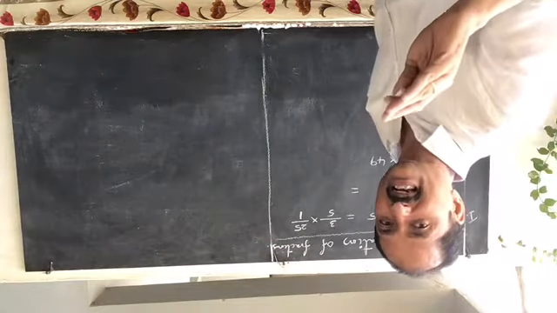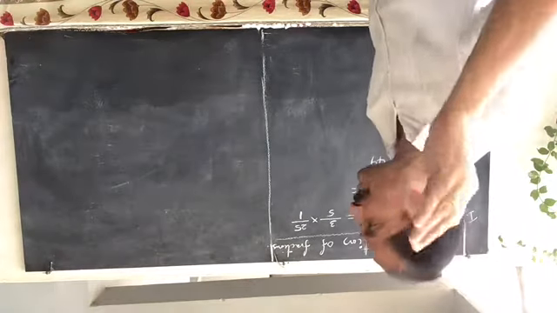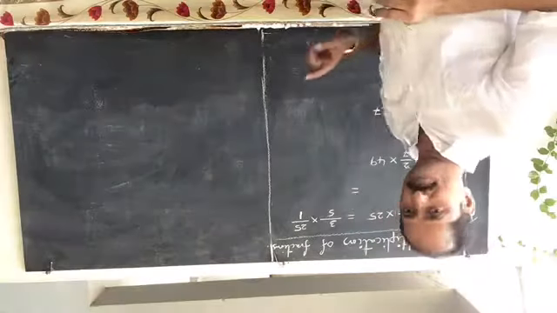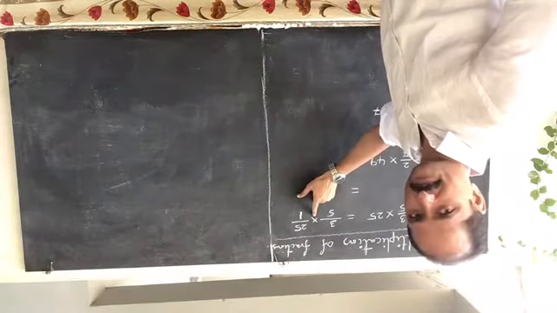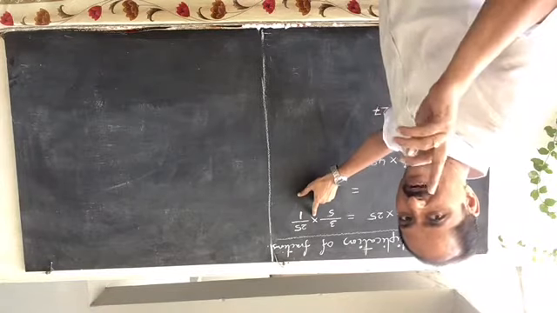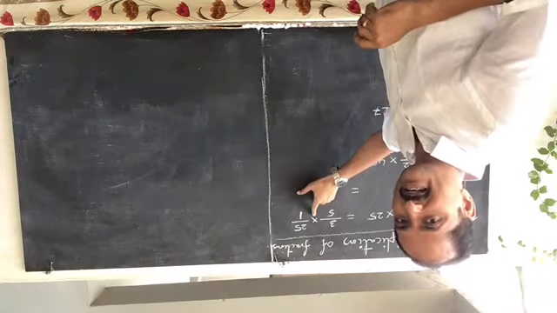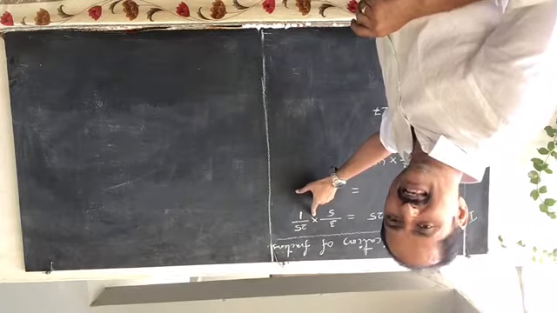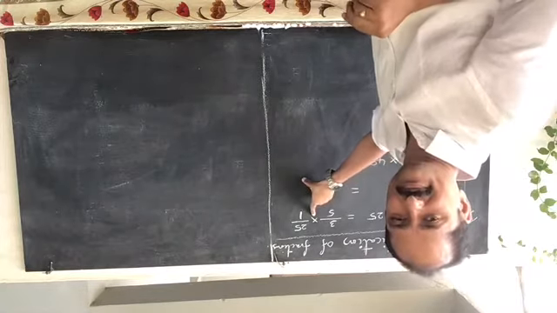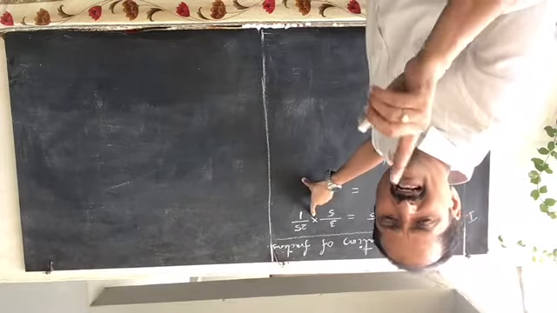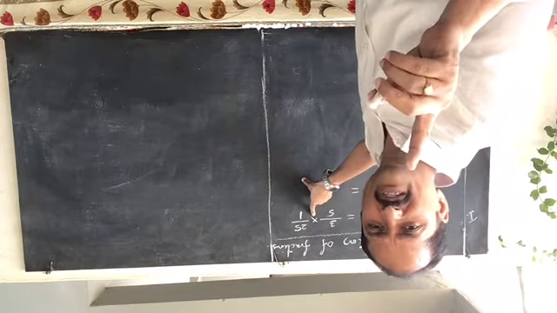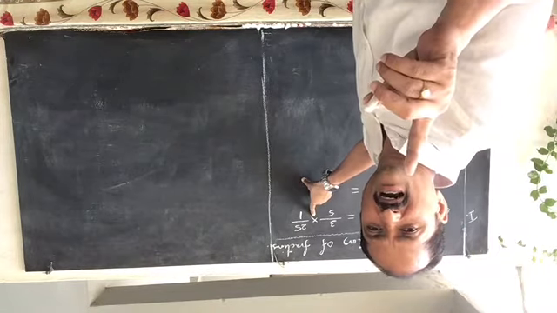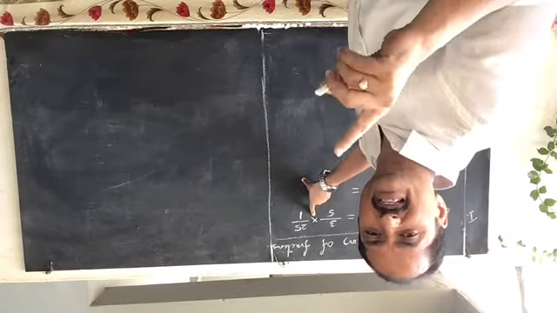comparatively addition, multiplication, observe carefully. Here the symbol is changed to the multiplication symbol. There we have additions. For addition and multiplication, there is a little bit of difference. For addition and subtraction of fractions, we should find the LCM of the denominators for unlike fractions.